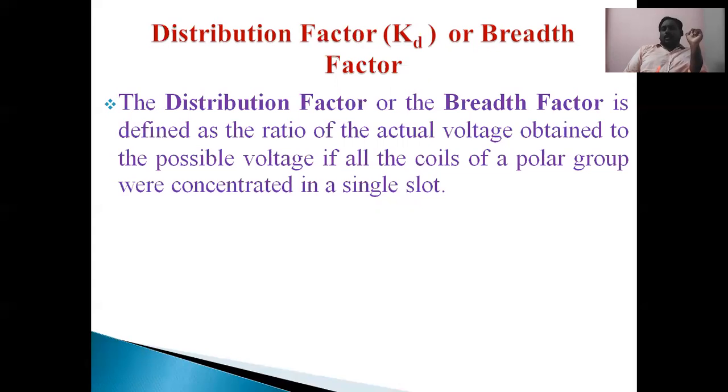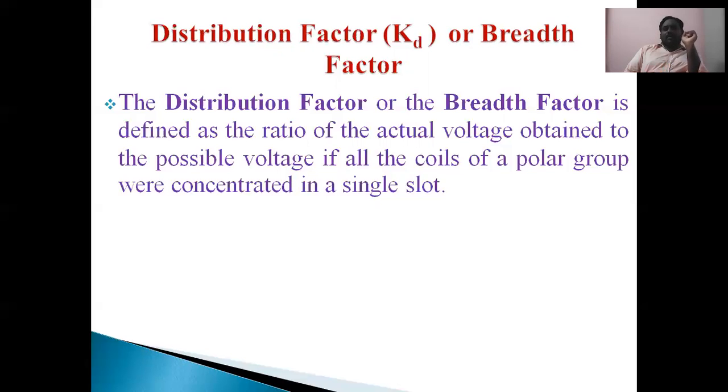Actually, in three-phase alternators we use distributed winding as the armature winding. But in order to determine the distribution factor, we compare the output voltage of the distributed winding with that of a concentrated winding.